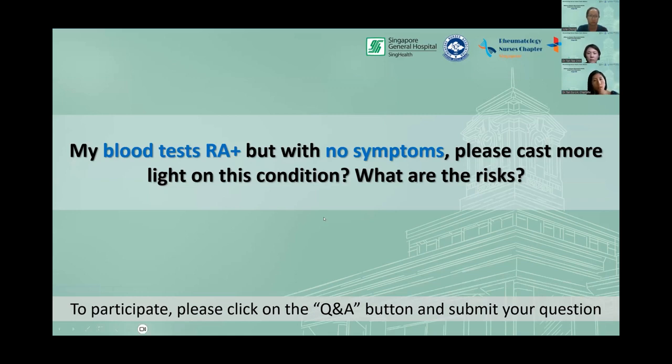Certain other conditions can also be associated with this blood test being present, but they don't have rheumatoid arthritis. A third set of patients, those with rheumatoid factor present, might be at a certain increased risk of rheumatoid arthritis, but this is hard to predict. So we would give you some education about what to look out for, such as features of joint inflammation, so that you re-seek medical attention. I hope that answers your question.